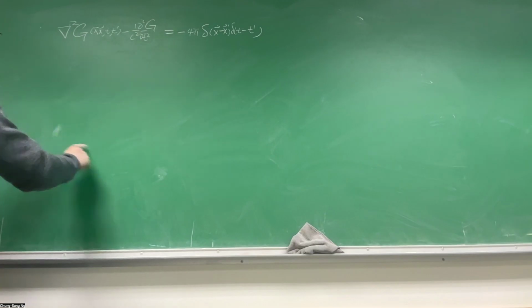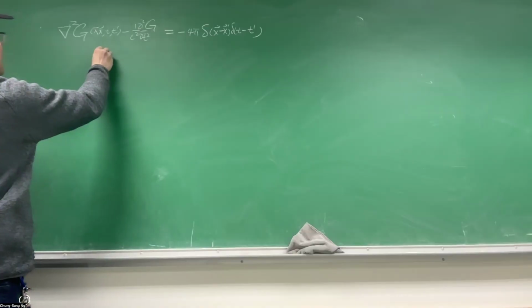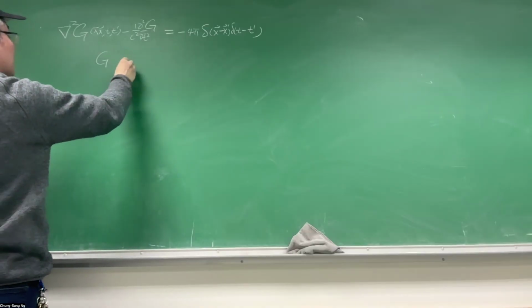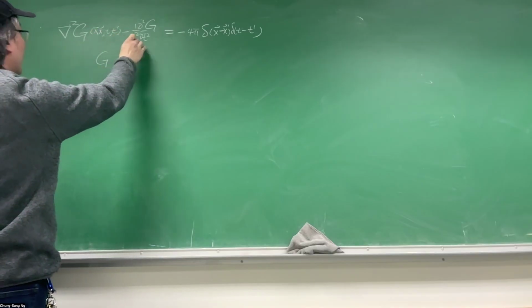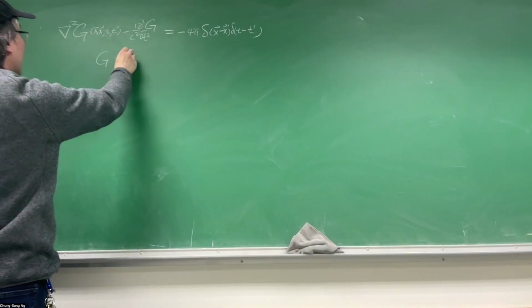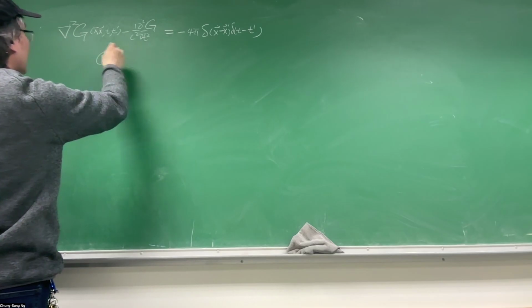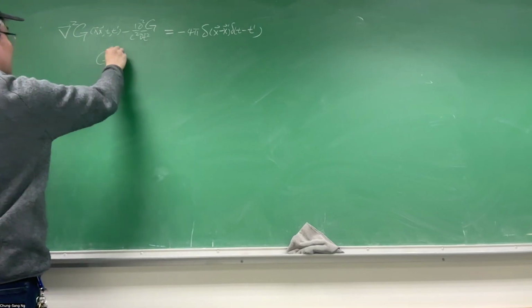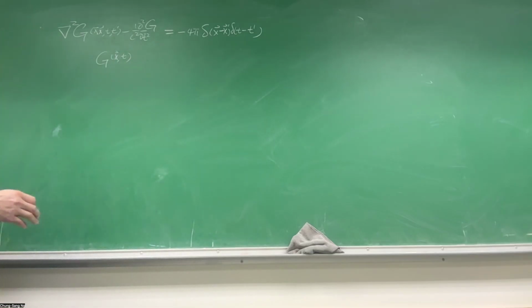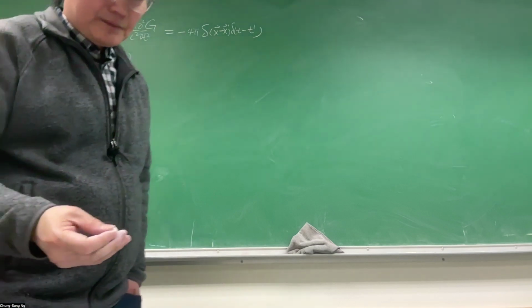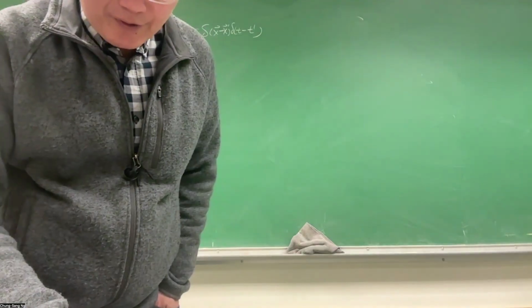The G in here depends on both x and x prime and t prime, but you simplify the notation. Just keep x and t, and the x prime and t prime you treat just like parameters first.